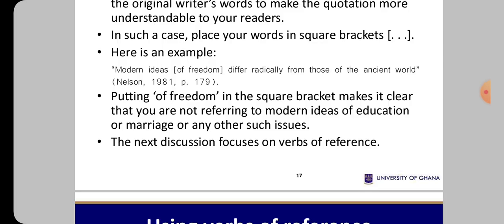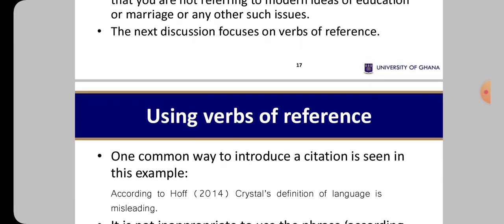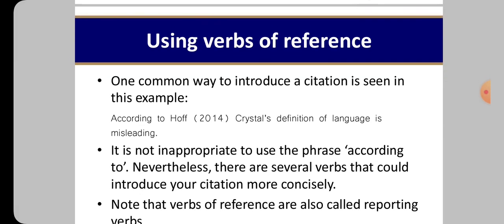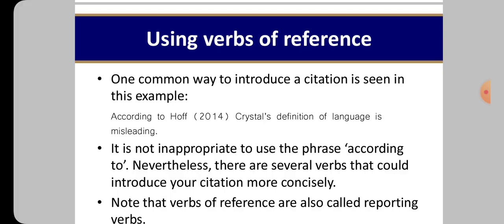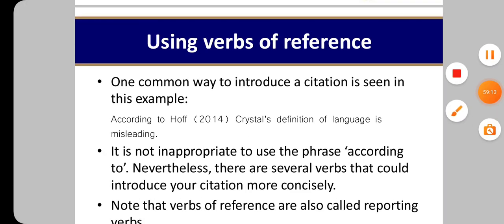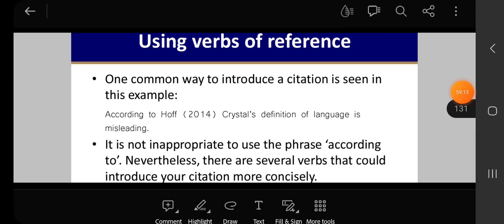And then the next discussion focuses on verbs of reference. So how do we use verbs of reference? Let's look at it.